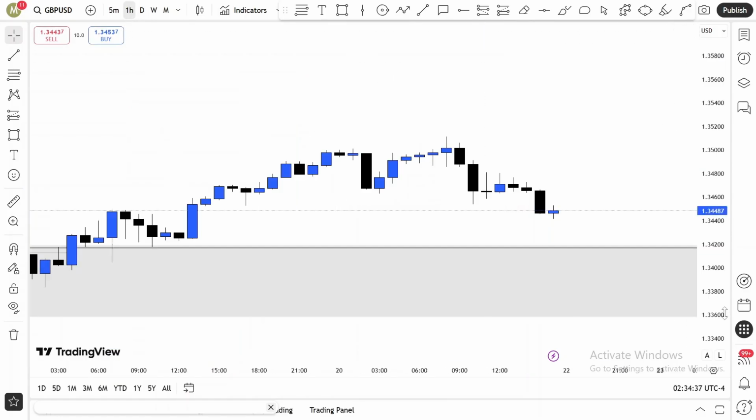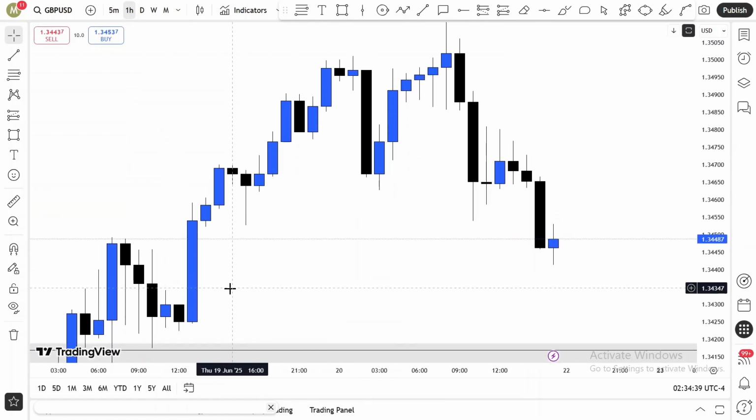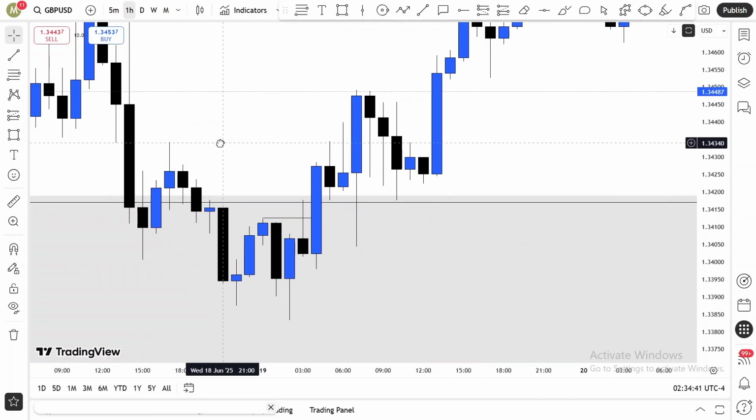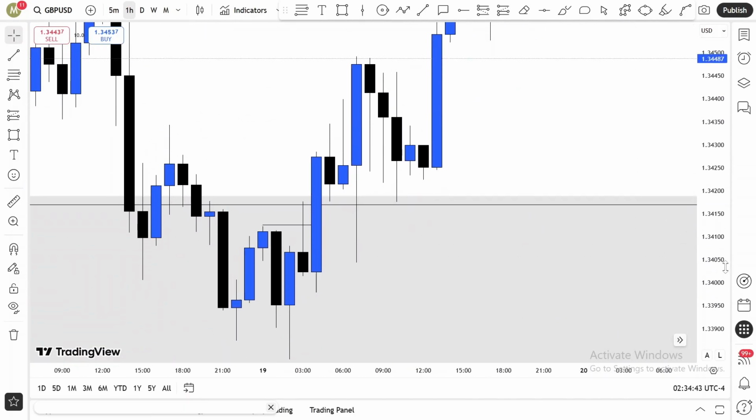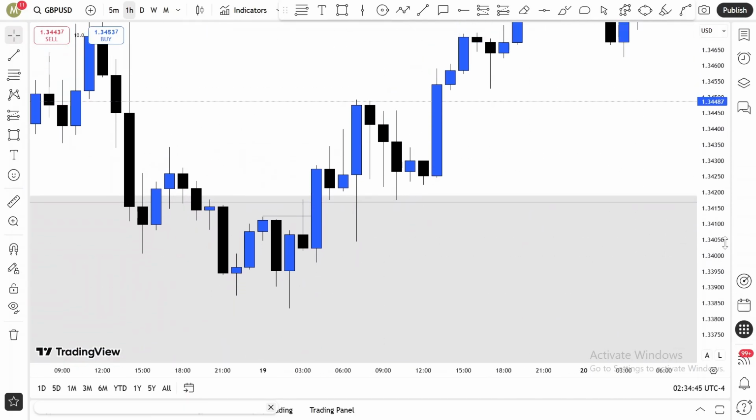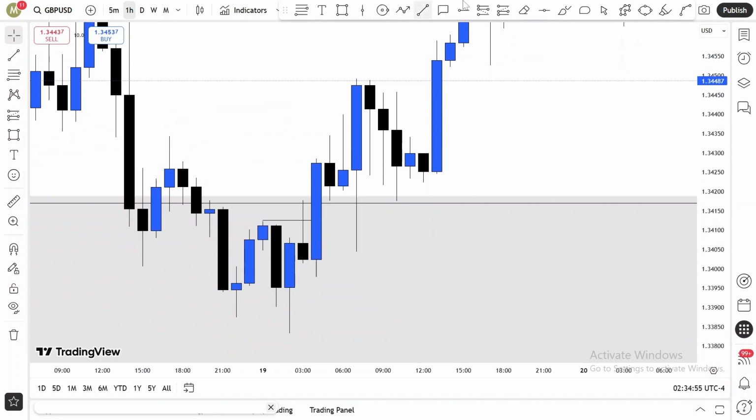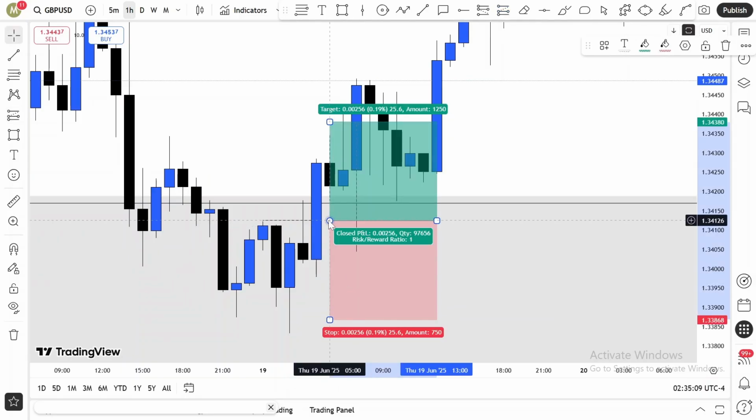Okay, and I know some people will ask me how you can pick an entry from here. If you want to pick an entry from this particular time frame, you want to wait for price to give you a shift in market structure here. From here, let's say you see price dropping down to this zone, you can just pick an entry here.